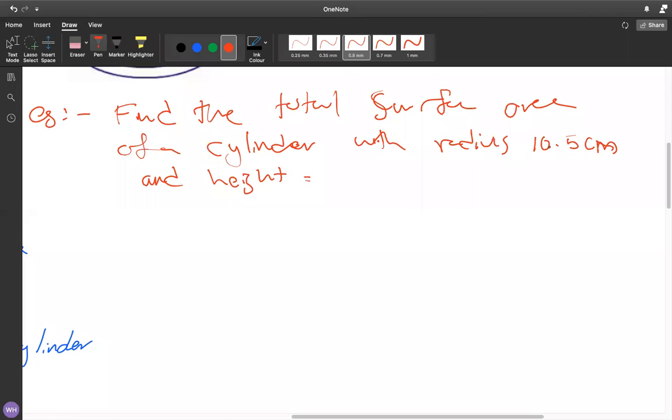Radius equal to 10.5, not 16 here, 10.5. It's 10.5 and height how much? 28 centimeters.